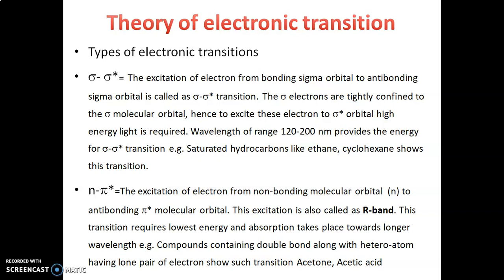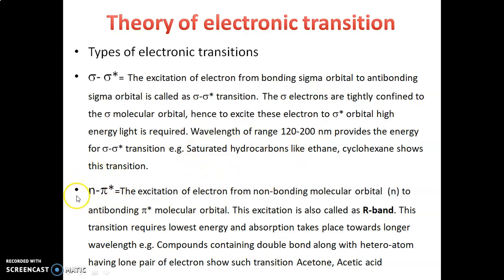Example: the molecules consisting of sigma bonds will carry out the sigma to sigma star transition. So saturated hydrocarbons like ethane and cyclohexane will show sigma to sigma star transition.